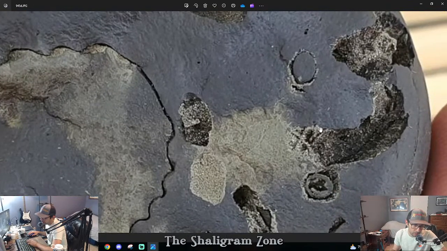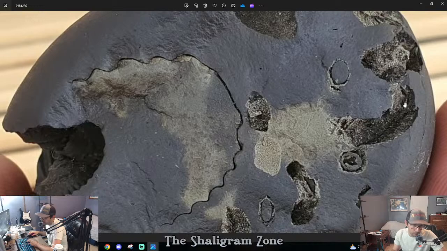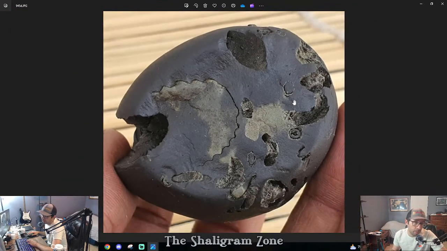Also, these are of interest. These lines here seem to continue over here as well and have some boundary. If we look at it like this, there's a shape, almost like a snake head type thing.